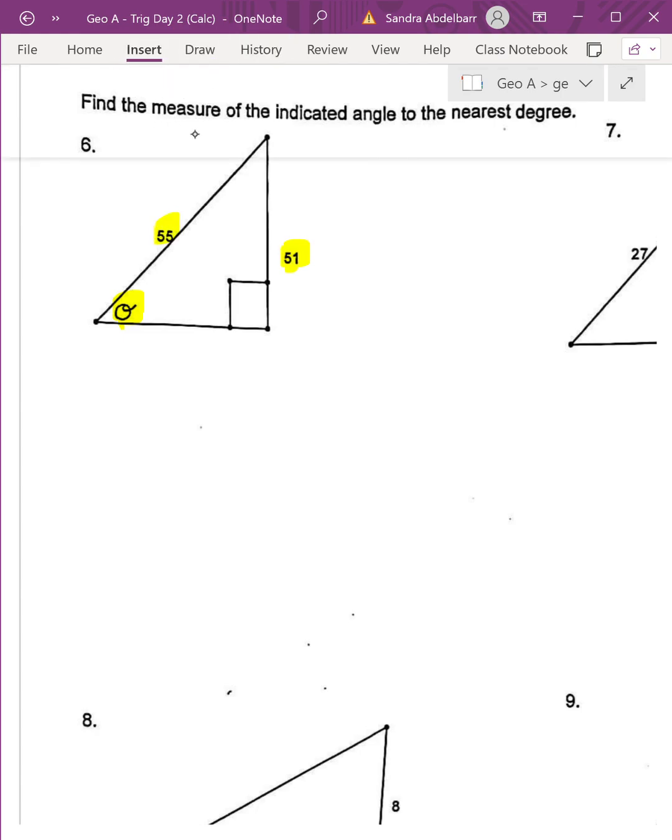Based on everything we were working on last class, is 51 opposite theta, adjacent to theta, or the hypotenuse? This is opposite. 51 is opposite. 55 is opposite, adjacent, or hypotenuse? Hypotenuse. So now we're going to go back to that special word we kept using, SOHCAHTOA.